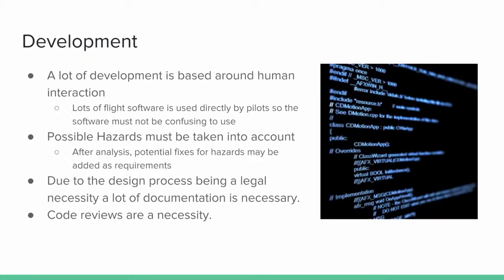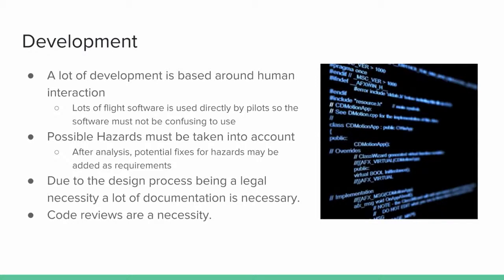So development. A lot of the development is based around human interaction. What this means is the software that they're writing is going to be used by a pilot, and a pilot will have their piece of software on a gauge that's mixed in with a bunch of other gauges and sensors in the cockpit. So when they design their software, they don't want it to be confusing.